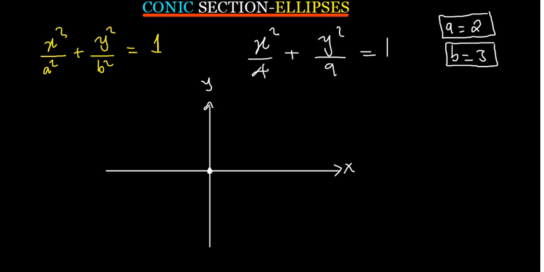So in this case, what we are going to take is this: a should always be greater than b, meaning that I can also say b squared here and then a squared here, just depending on which one is bigger. So the one which is bigger should always be the a. Necessarily we are not saying that a is always the one which is under x squared.